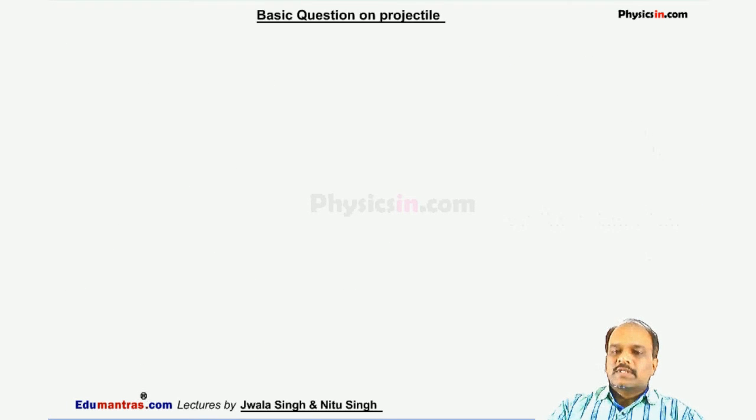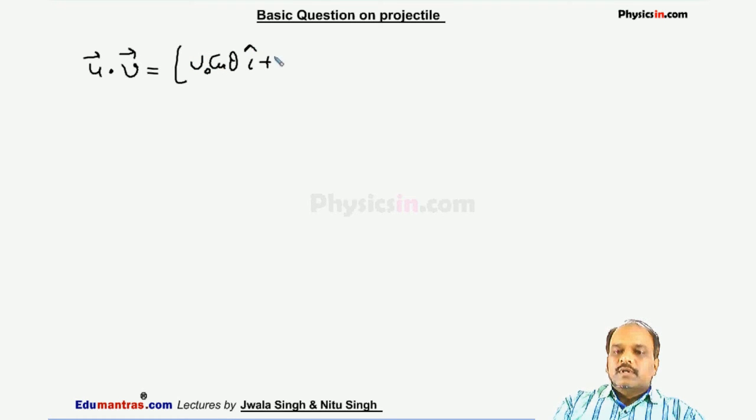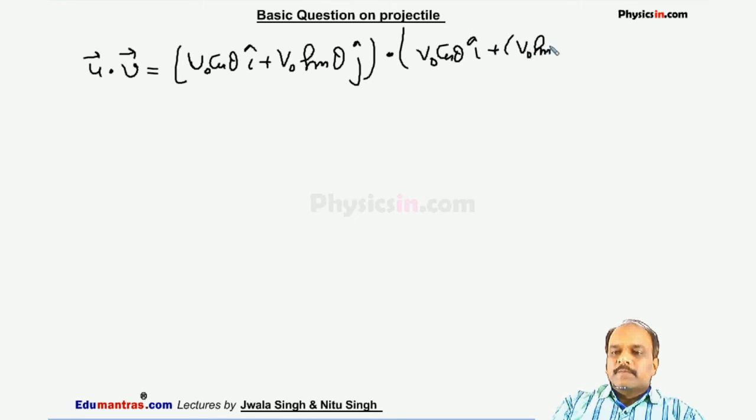So from here we can say u dot v means, u is v naught cos theta i cap plus v naught sin theta j cap, dot v naught cos theta i cap plus v naught sin theta minus gt j cap.